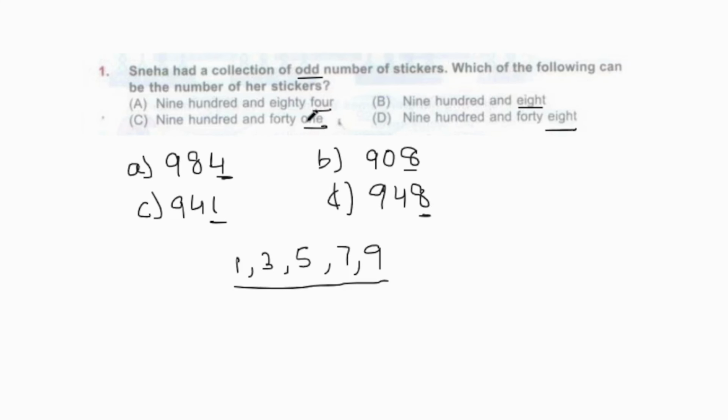If you see, this is 4, which is an even number. This is 8, which is an even number. 1, which is an odd number. Again, 8, which is an even number. Without even writing any of this, we can simply see the last digit of the number. If it's odd, that's going to be our correct answer.